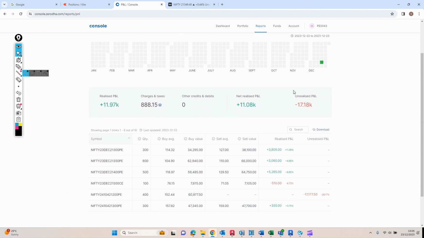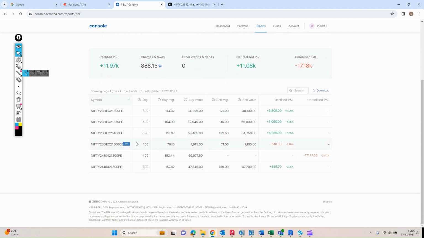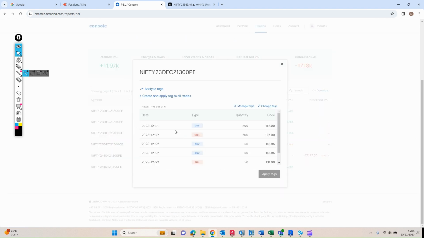With that action, this is the P&L statement report, and these are the trades that I took on Friday. On the 21,300 PE, I had bought at the market closing time on 21st of December around 200 quantity at an average price of 112, carrying this overnight position.